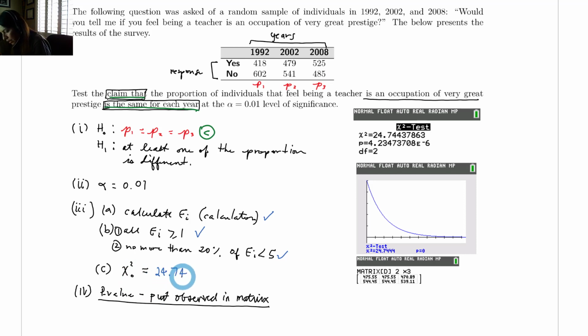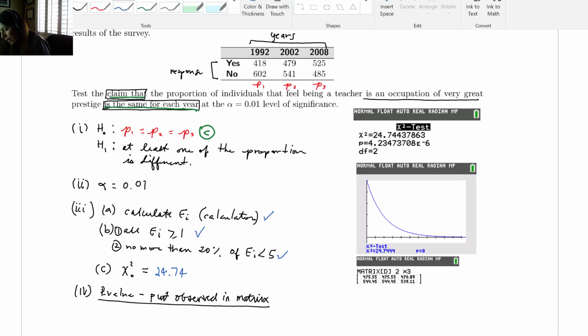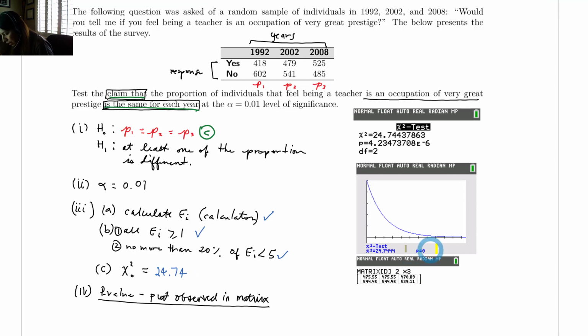And notice that once again, the p-value has given us 0 on the graph, but it gives us some digits in the calculate menu. So if you want to see some digits, I would definitely use the calculate menu, but draw still works because it's still pretty small. It just depends how far you want to round your p-value.